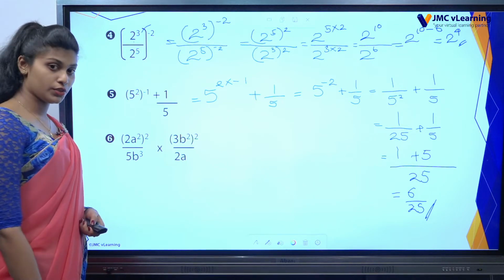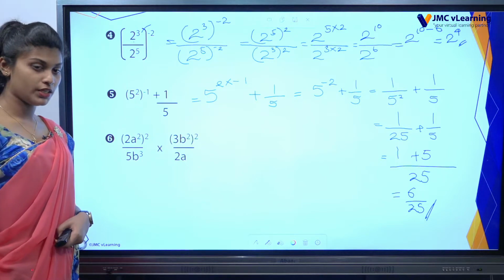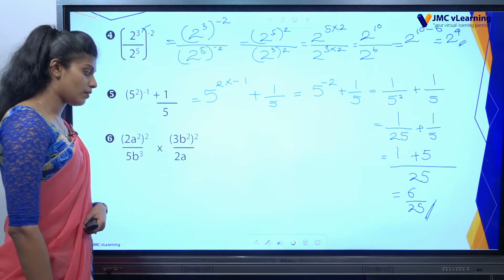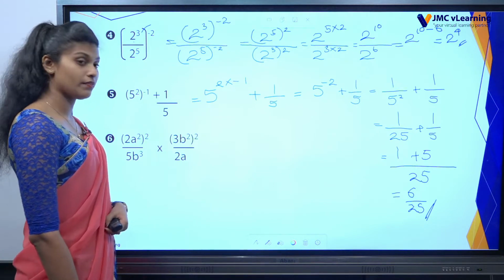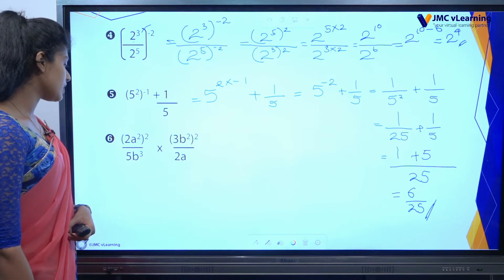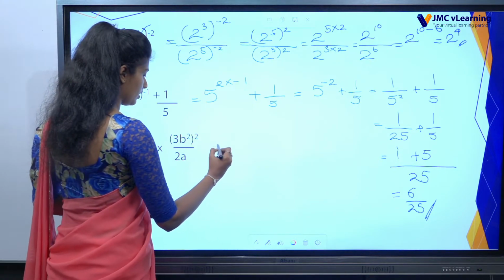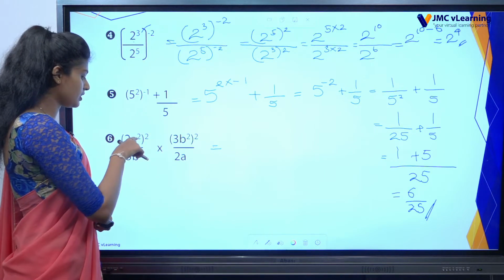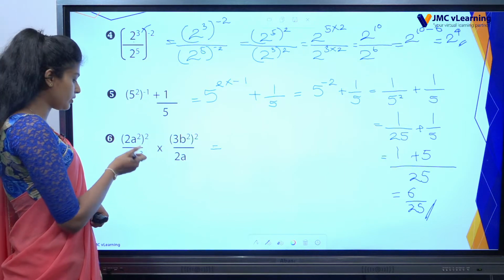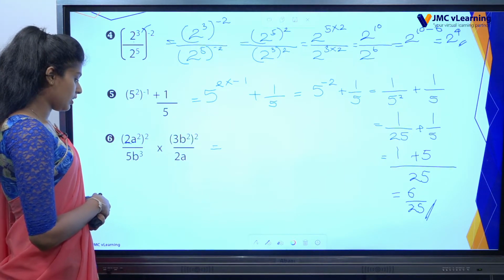The next question: (2a^2)^2 over 5b^3 into (3b^2)^2 over 2a. Now let us simplify this part. What is the meaning of this 2? This 2 is common to the 2 and a both.